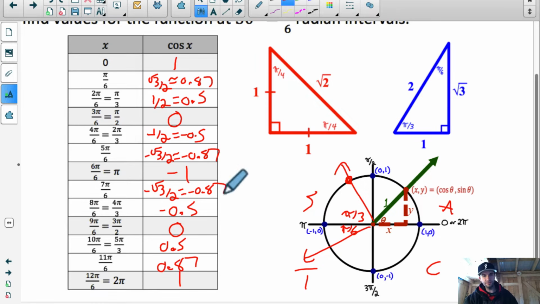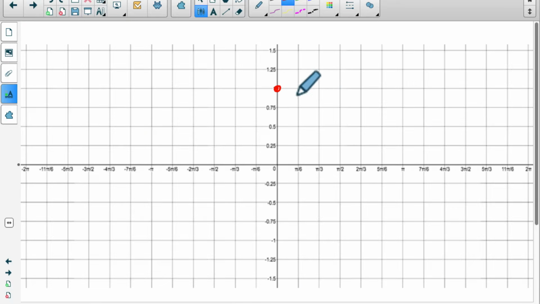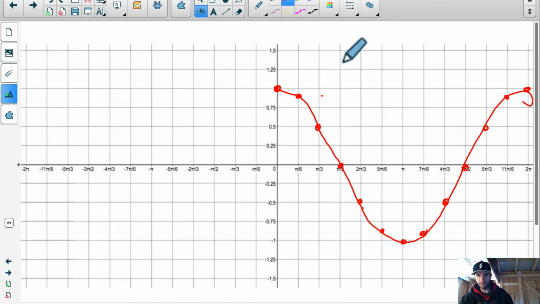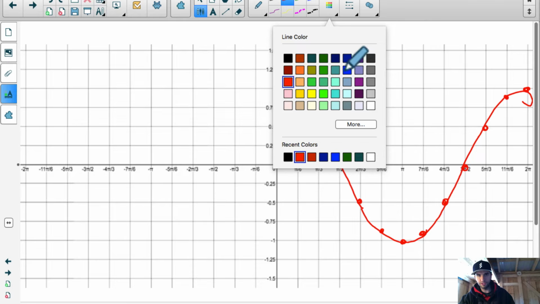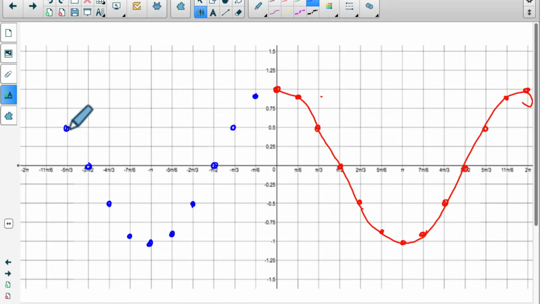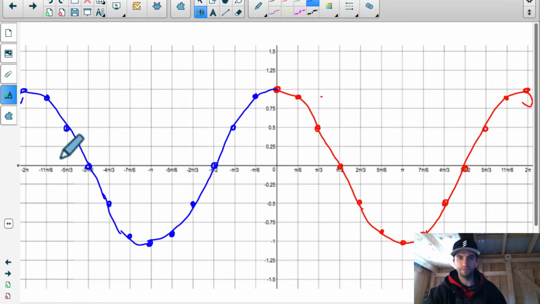Now let's plot each of these points, and we'll get a good picture of what the cosine function looks like. So there's one cycle of the cosine function, and now let's do a second cycle of it. I'll do it in a different color again. So there's my second cycle of the cosine function.